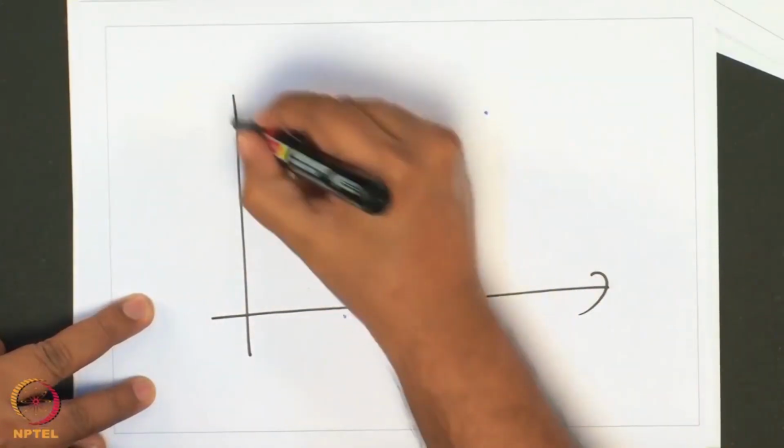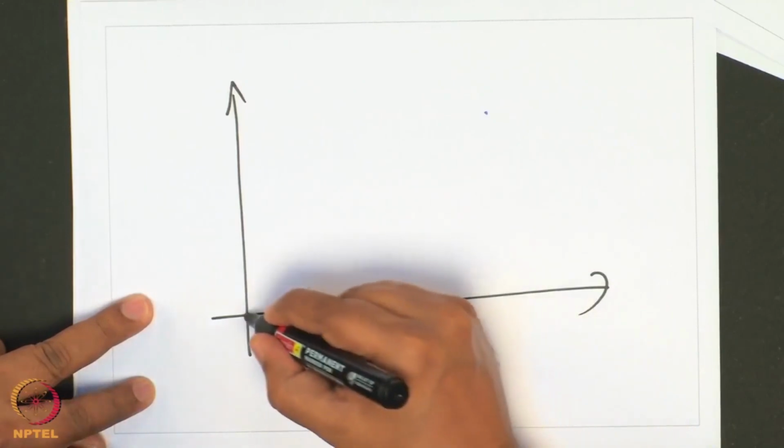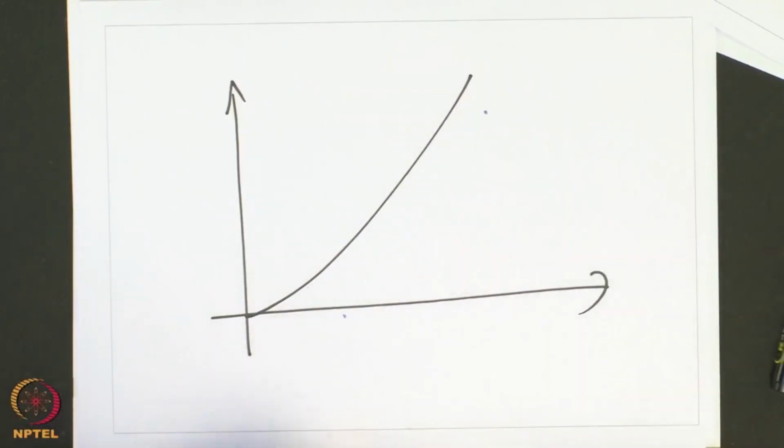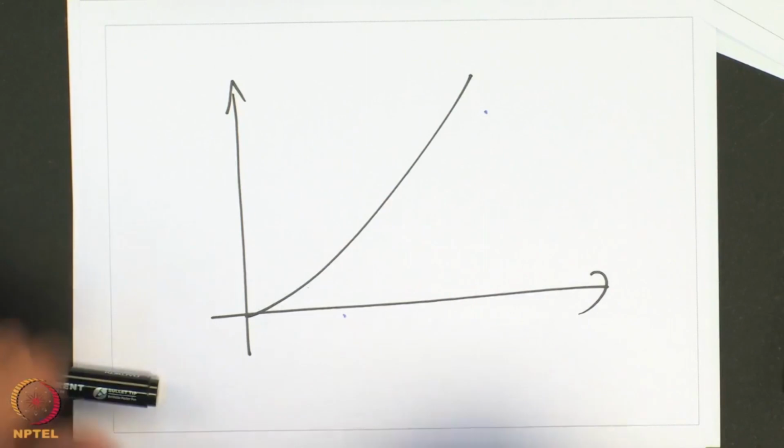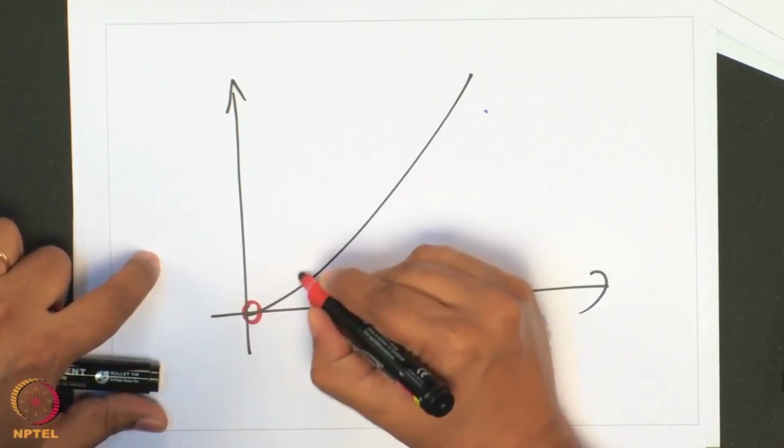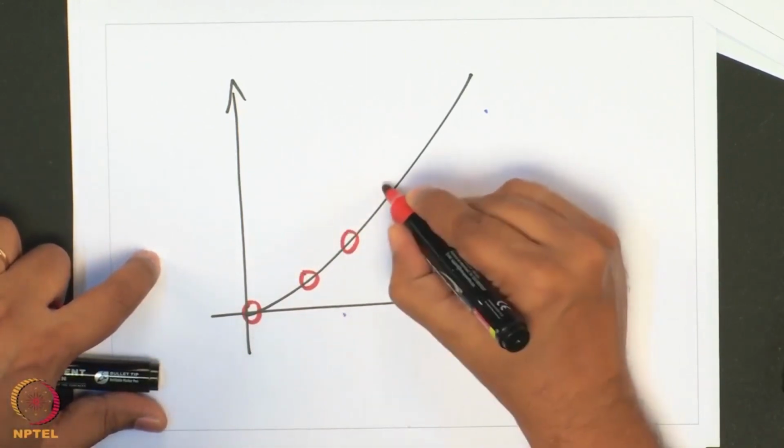Now what we have is data. Let us think about what we get if we have data. Let us say what we have is a curve from a data set. Instead of this curve, what we have is data given to us. These are some data points.